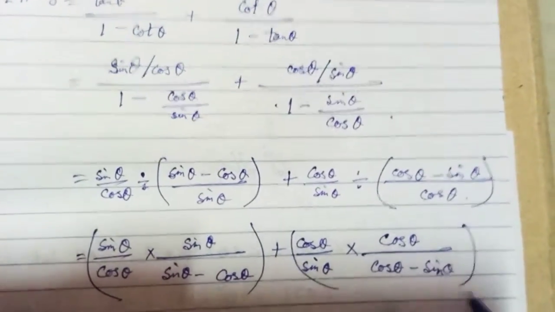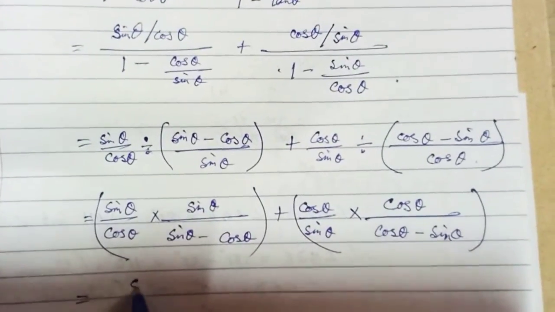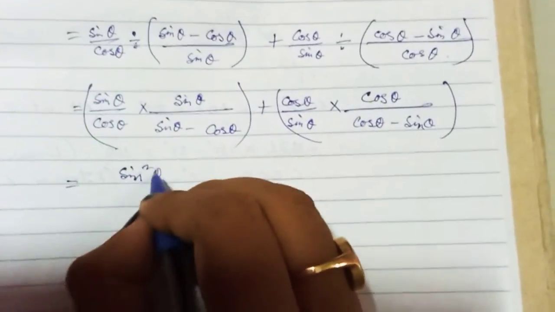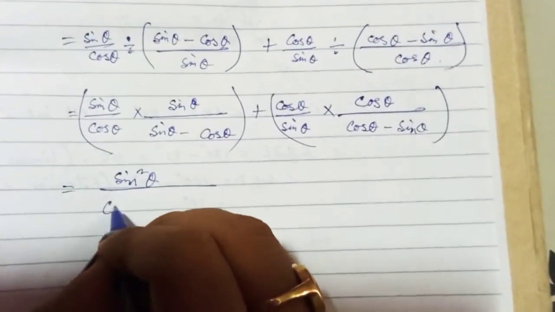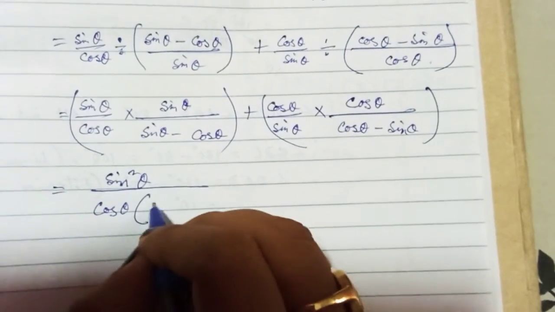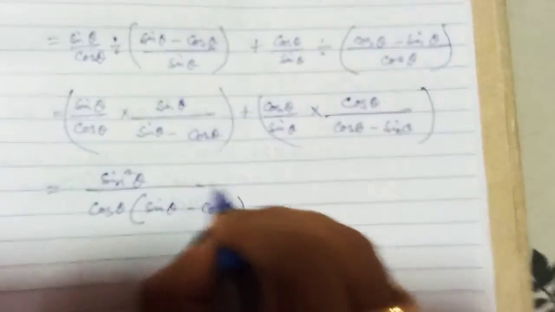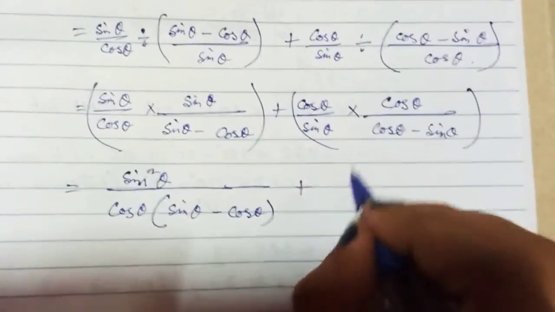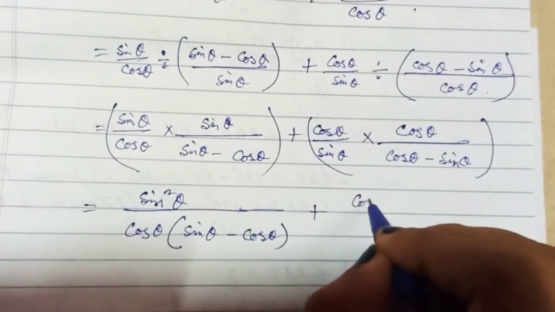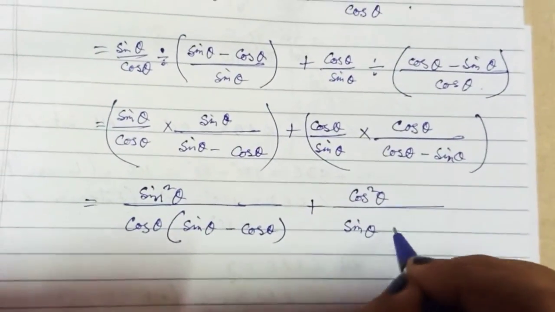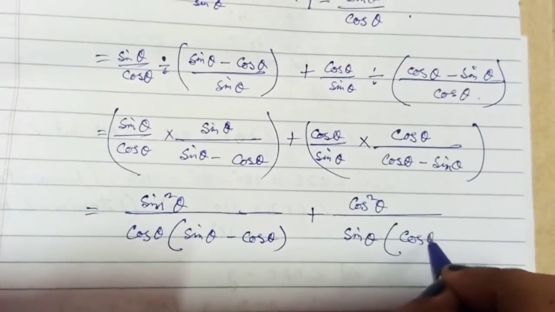Okay, this is the second part. So this is sine square theta upon cos theta into sine theta minus cos theta we will get, and plus here we will get cos square theta upon sine theta into cos theta minus sine theta.